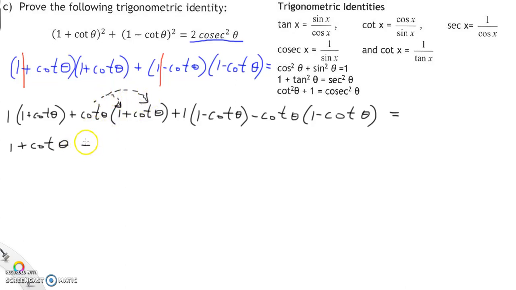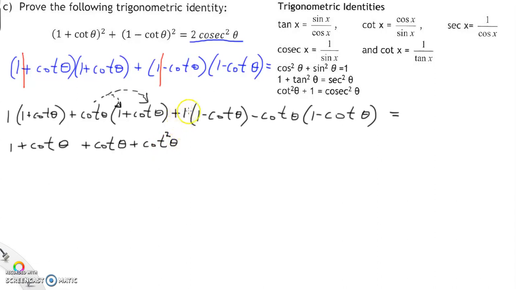So that'll be plus cotan theta times 1, which is just cotan theta, and then cotan theta multiplied by cotan theta will be plus cotan squared theta. That's written like this when you're dealing with trig identities: the square goes in there, cotan squared theta, which is just shortcut for cotan theta multiplied by cotan theta.